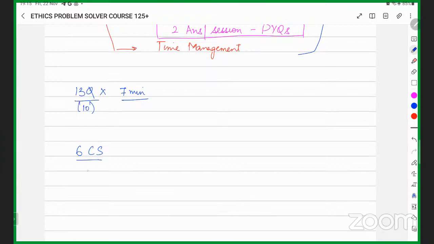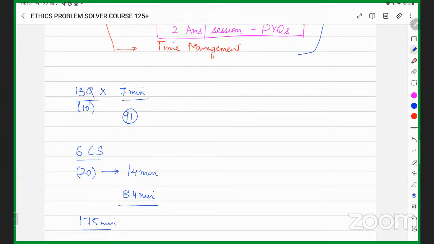These are 10 markers and these are 20 markers, and here you will be allocating 14 minutes. 13 into 7 makes 91, and 6 into 14 makes 84 minutes. So this makes a total of 175 minutes. You will be getting 180 minutes in the exam.